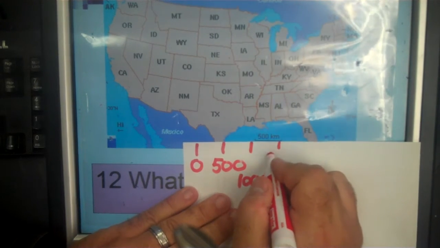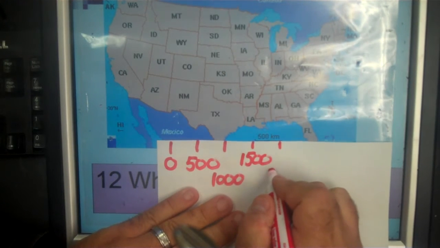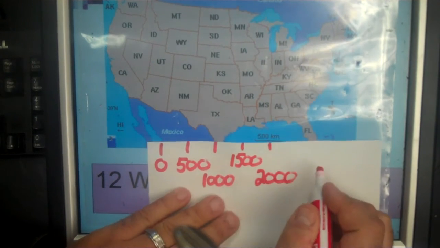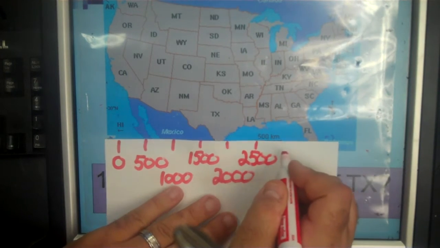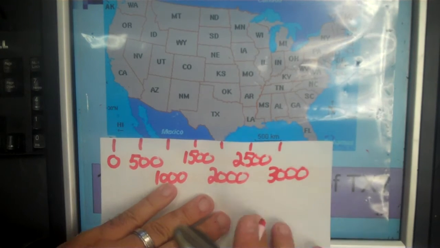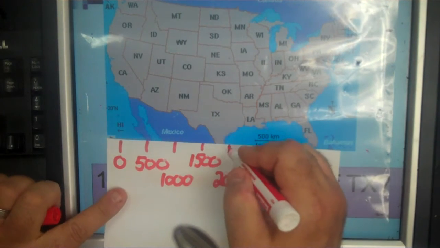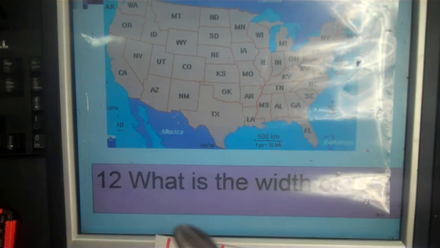And then 1,500. And then 2,000. 2,500. And then 3,000. I'm going to call it there. That's going to be close enough, big enough for me right now.